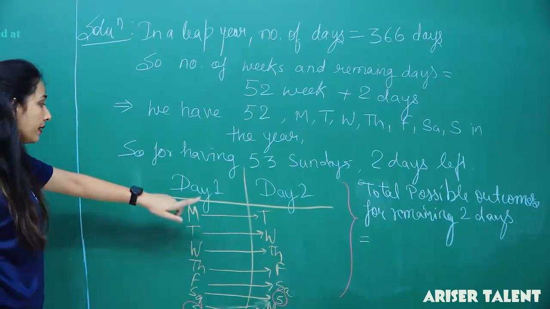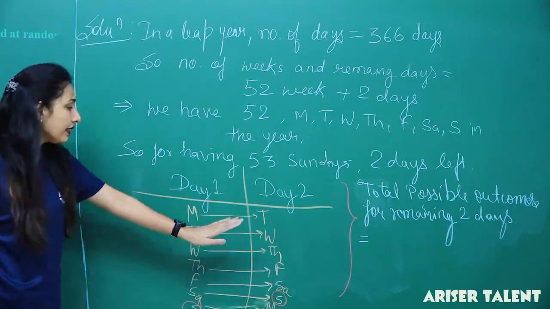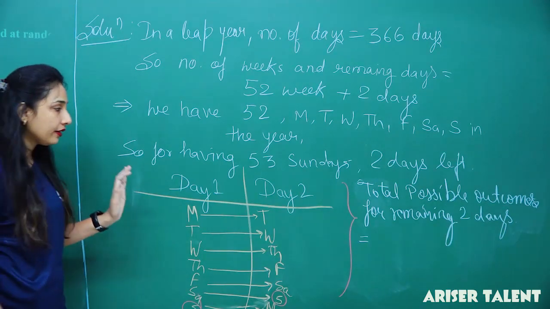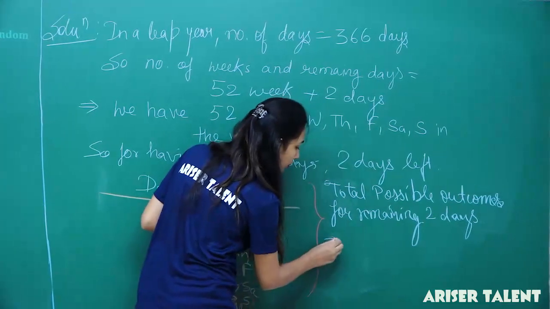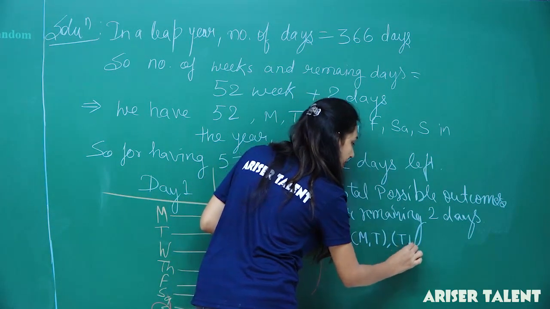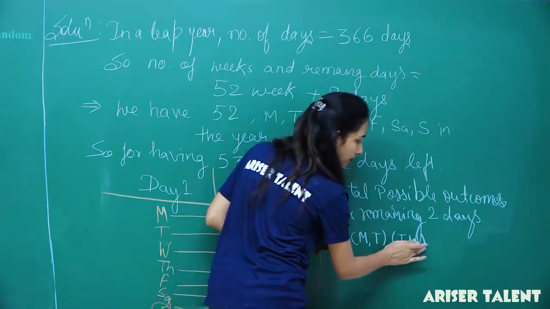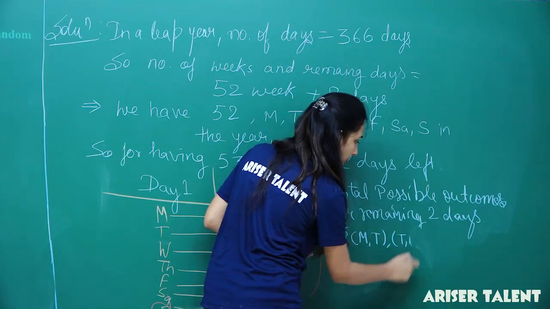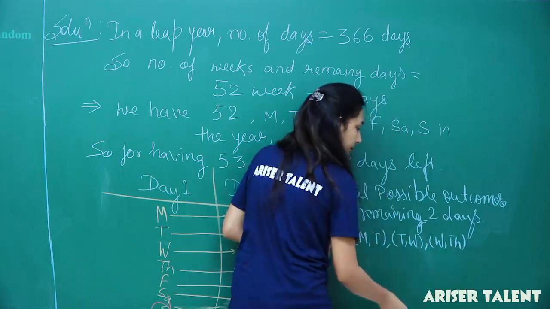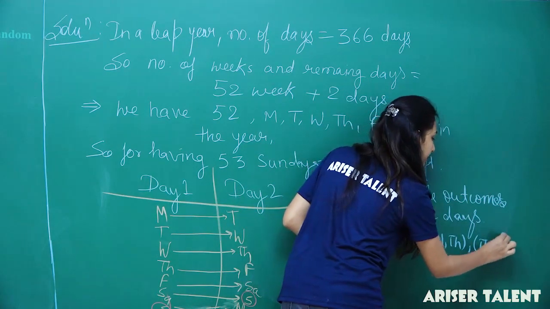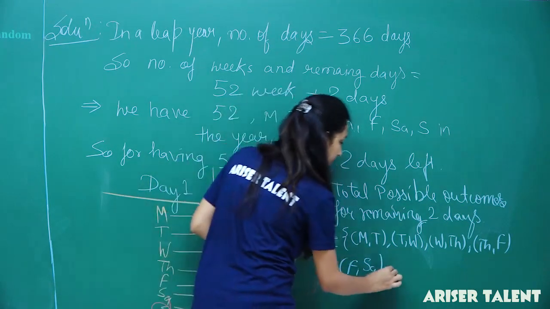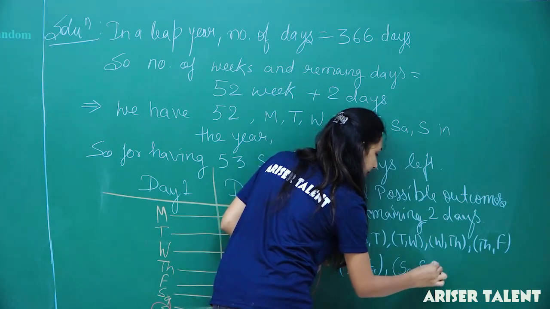Monday-Tuesday, Tuesday-Wednesday, Wednesday-Thursday, Thursday-Friday, Friday-Saturday, Saturday-Sunday, and Sunday-Monday.